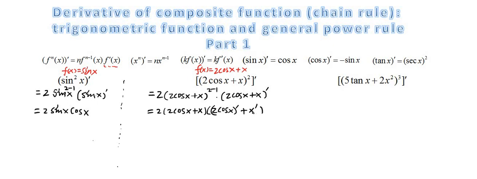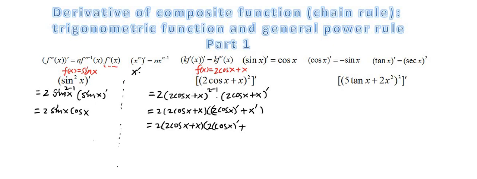Okay, now we're gonna evaluate these two functions. That is 2 times cosine x plus x, and we have here 2 times cosine x. That is formula 3 here. So we're gonna keep the constant 2 here, and do the derivative only for the cosine x. And the derivative of x is gonna be 1. Follow the power rule, right?